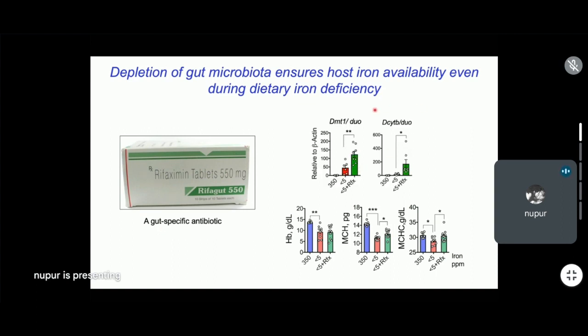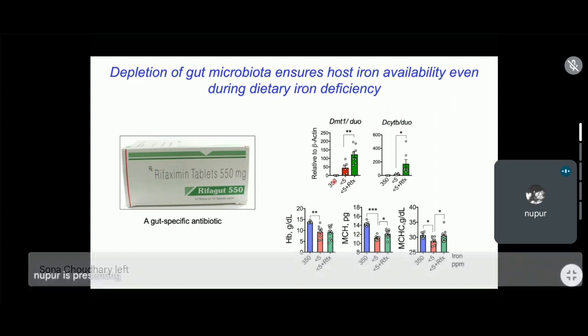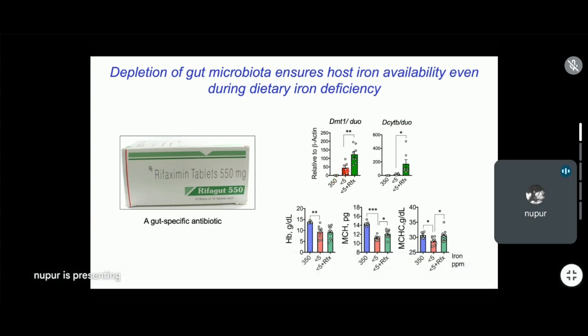Now look at the transporter response. I'm showing another transporter here as well. In the low iron diet, the transporter is upregulated. This one is also upregulated, you just don't see it because of the magnitude of the induction. If you give the antibiotic, you can potentiate this transporter to around 200 fold or even more. That's why I wanted to show this transporter here as well.